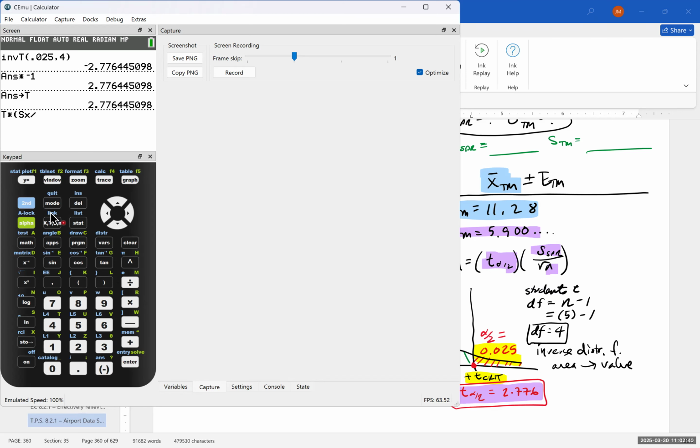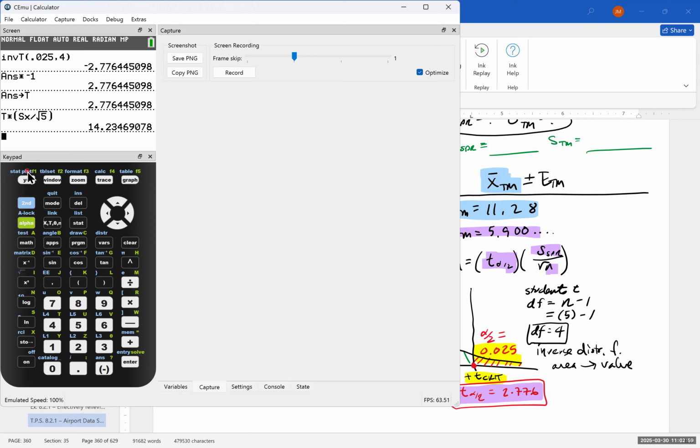And I want to divide that by the square root of our sample size, which was 5. And that gives me a margin of error of 14.234.